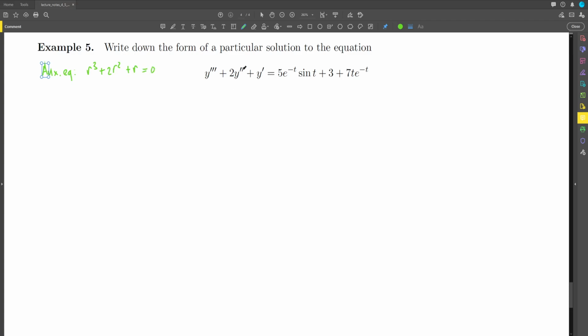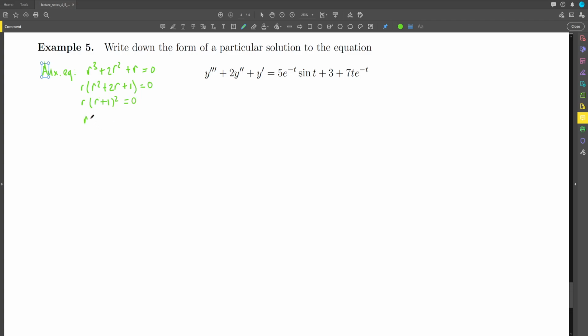There's no y here, so there's no constant term, and that lets us factor out the r, and then we have r squared plus 2r plus 1 equals 0. And that second term factors as (r plus 1) squared equals 0.